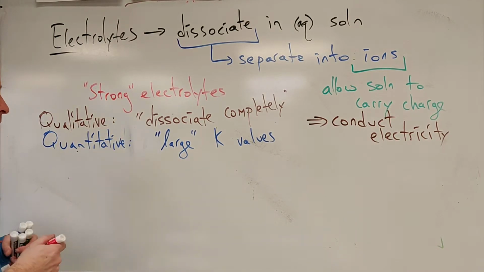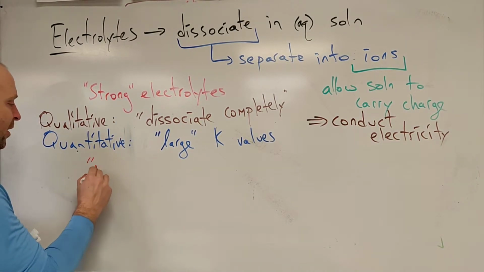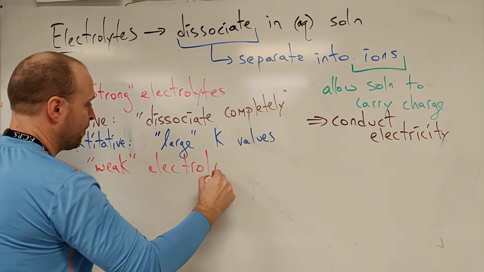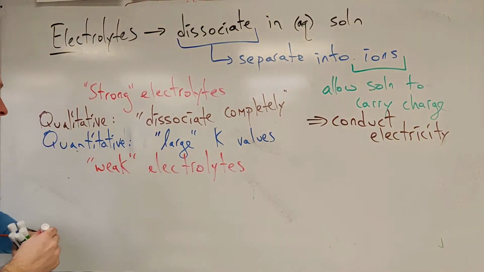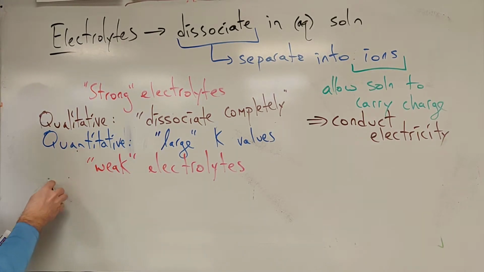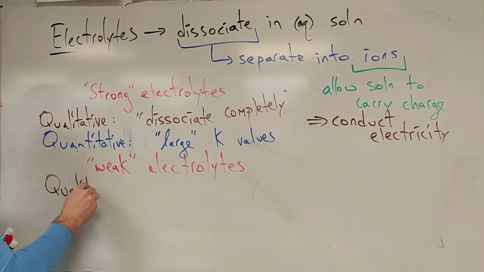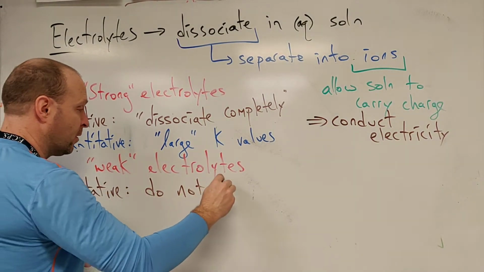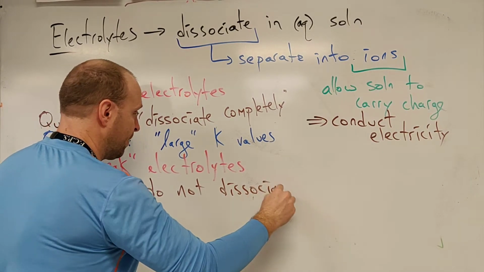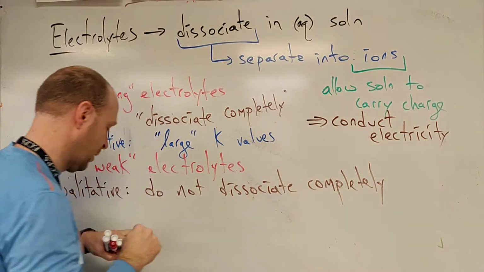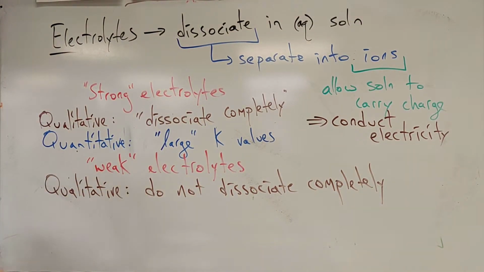So if we've got strong electrolytes, we also need to look at weak electrolytes. And weak electrolytes, we can look right here and say qualitatively, they do not dissociate completely, right? And then the important part for us in the long term is what is true quantitatively.